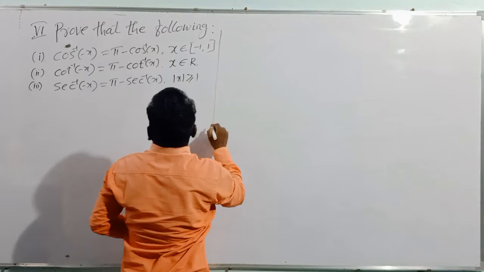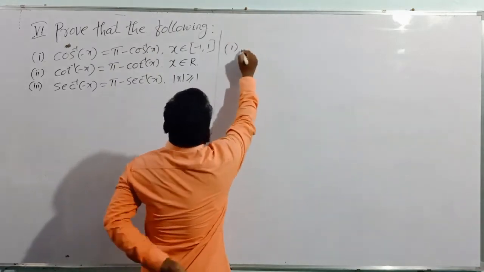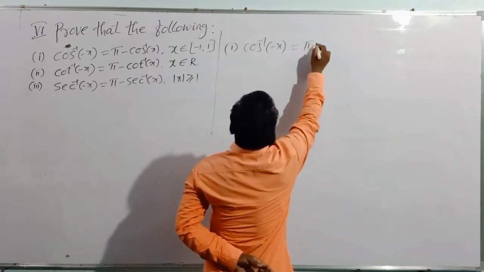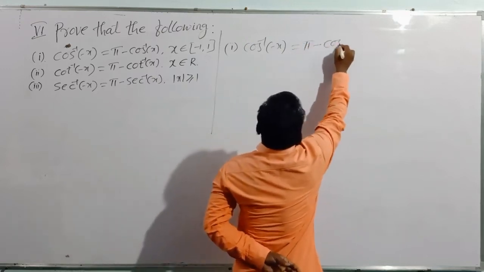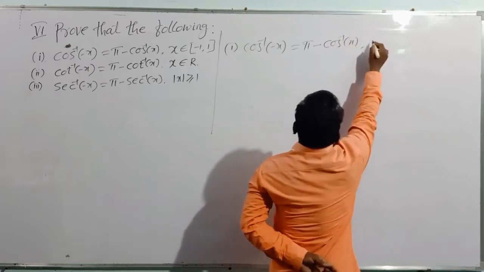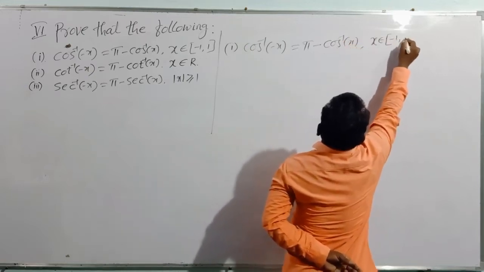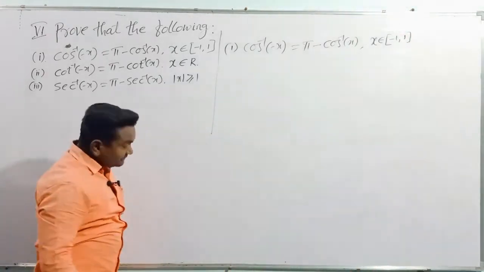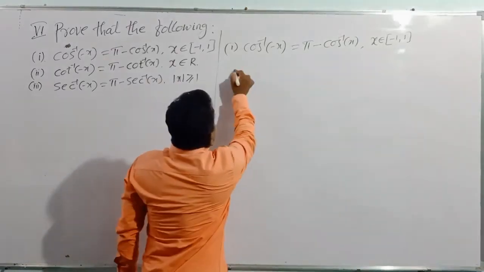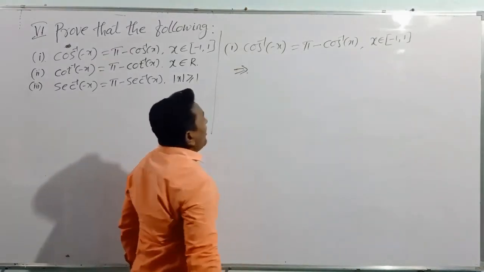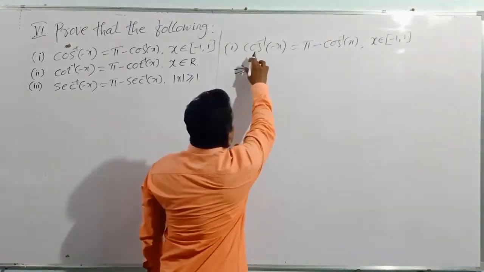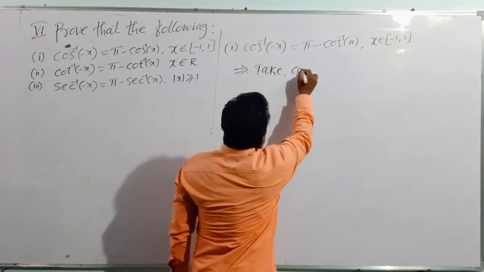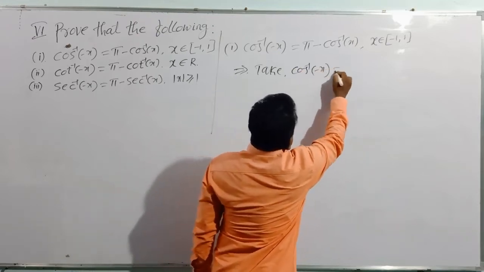Now the first property is cos inverse of minus x equals pi minus cos inverse x. Its condition is x belongs to the closed interval -1 to +1. Now, let cos inverse of minus x equal theta.